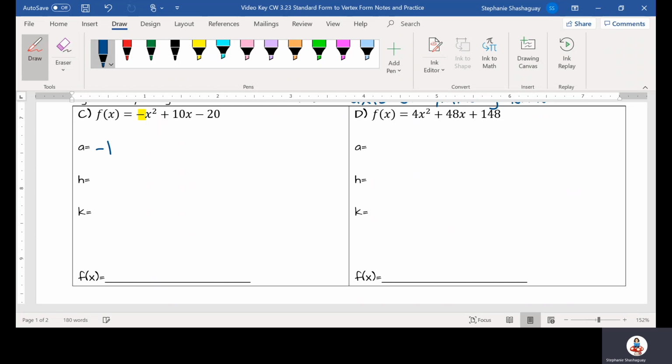So I'm going to do -10 divided by 2 times -1, because that's my a term. Well, -10 divided by -2 is going to equal +5. So that's going to be my axis of symmetry.